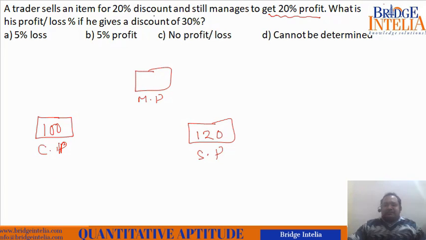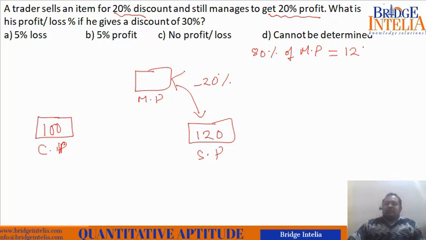And in the first scenario, he is giving a discount of 20%. So based on this figure, 20% discount, that means you have to pay only 80%. So 80% of marked price when calculated came out to be 120.